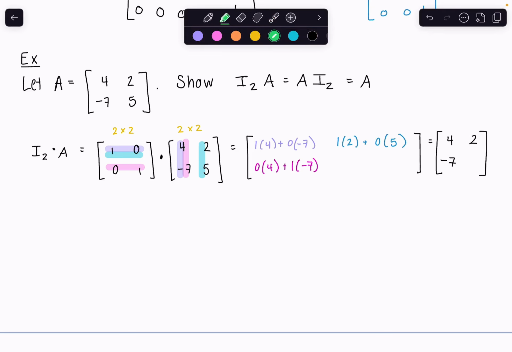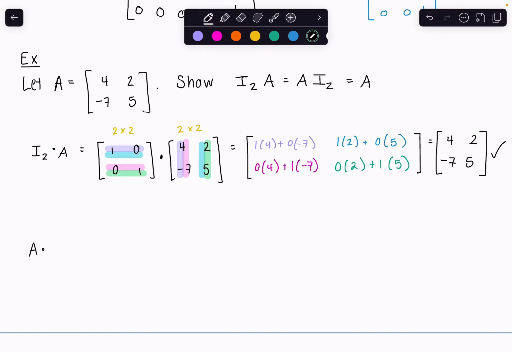And then last but not least, this is the 2,2 spot. So I use the second row, second column. We get 0 times 2 plus 1 times 5, resulting in 5. So that is exactly the matrix A.